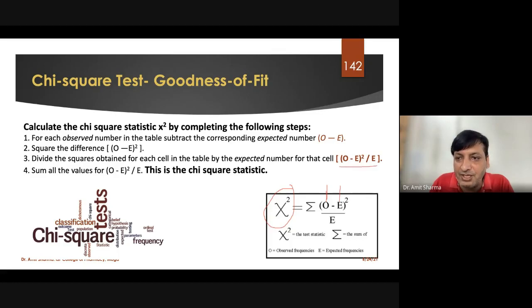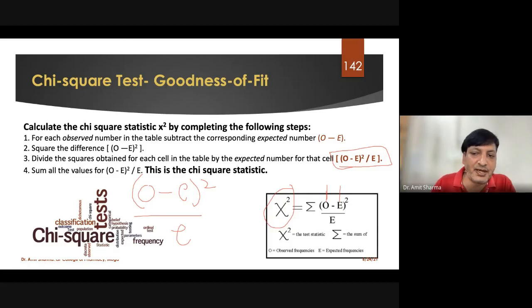So in general, you can say this is the formula for chi-square: O minus E, squared, divided by E. Now O here stands for observed, E stands for expected, and at the bottom again you have expected. Now expected what? Frequencies, numbers.